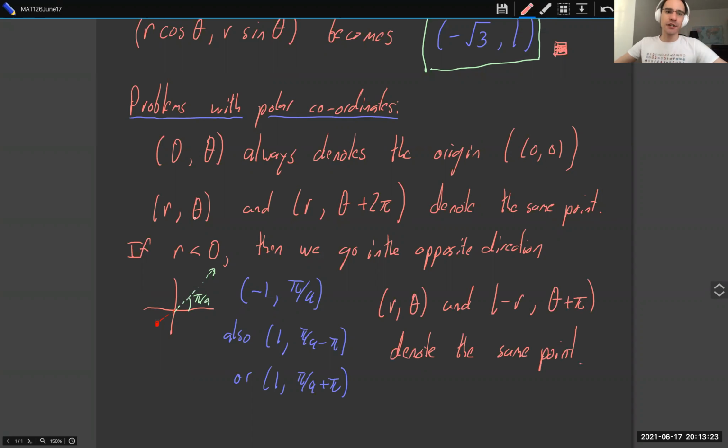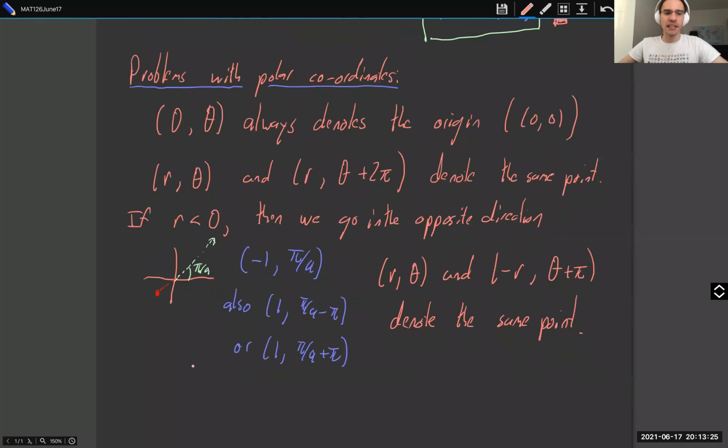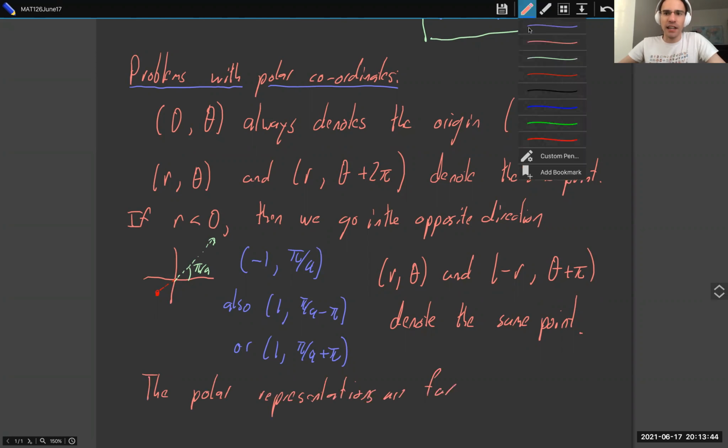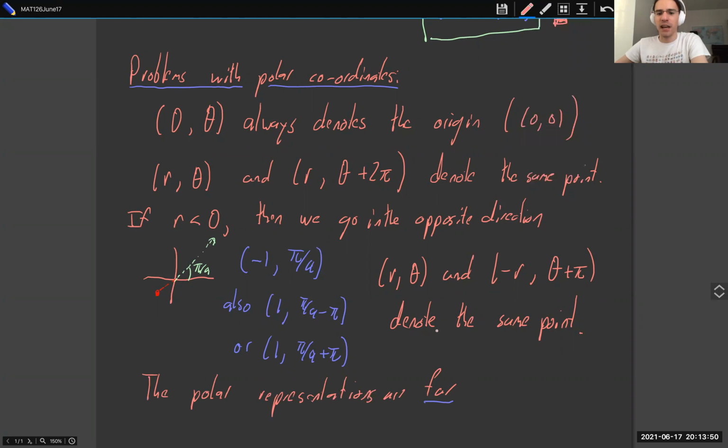So one deficiency with polar coordinates is that the representations of points are far from unique. We see 3 degeneracies already in these examples.